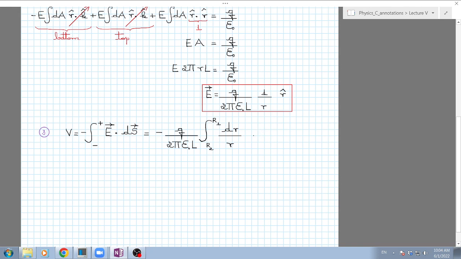The scalar product of r hat and the integration, which is in the radial direction, r hat as well, is simple since the unit vectors are parallel.